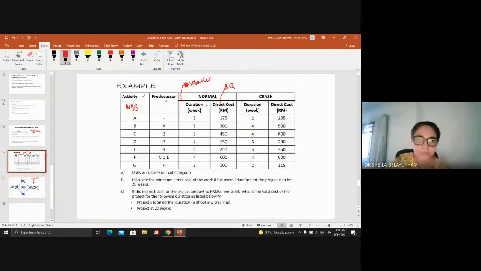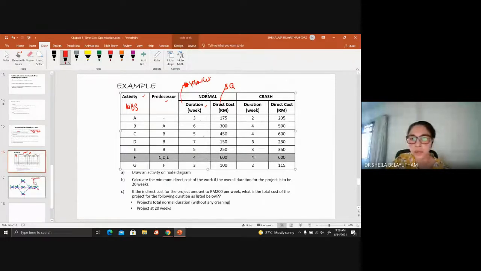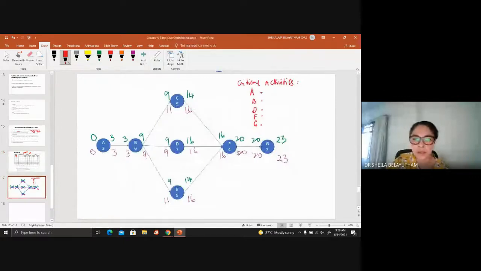A can be crashed, B can be crashed, D can be crashed, F cannot be crashed. Meaning to say that you cannot reduce the normal duration anymore. So hence you can eliminate F from the cost slope calculation. The others can be crashed. So next thing is to calculate the cost slope.